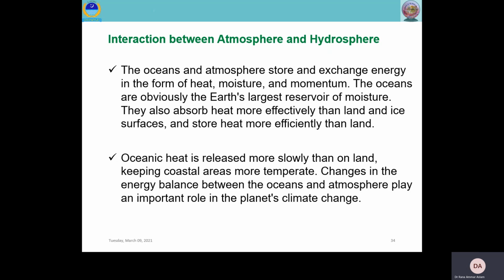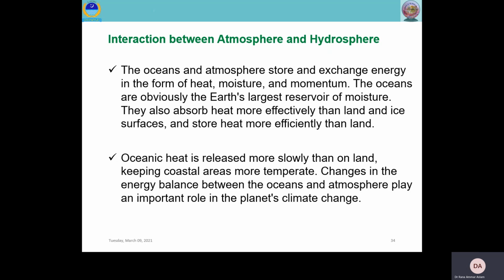There are tides and waves in the oceans. This is due to air or wind, flowing air, the winds. So this is another way by which atmosphere and hydrosphere interact with each other, right? Through the water cycle, through exchange of heat, and by keeping ocean water circulating.